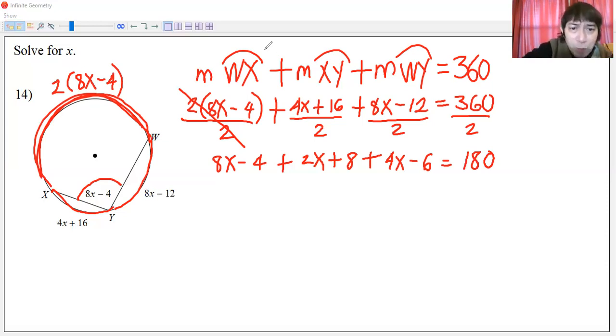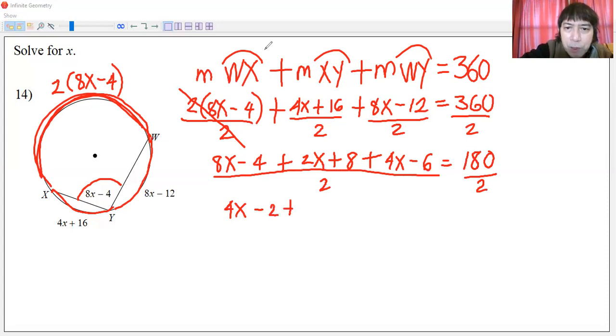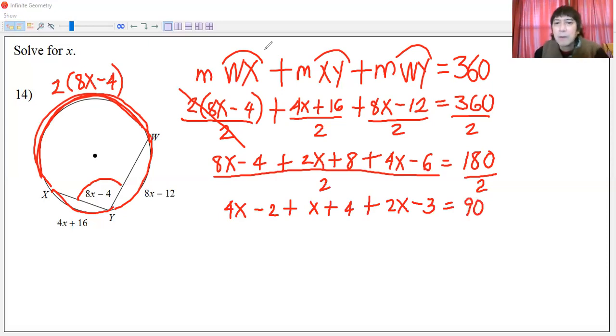Let's divide everything by 2. 8x by 2 is 4x. 4 by 2 is 2. 2x by 2 is just x. 8 by 2 is 4. 4x by 2 is 2x. 6 by 2 is 3. 180 divided by 2 is 90. We now have smaller coefficients.